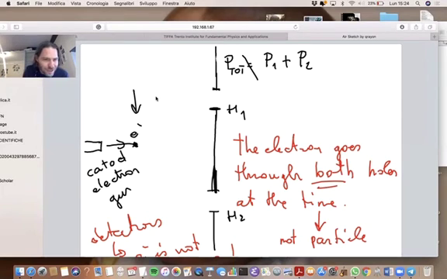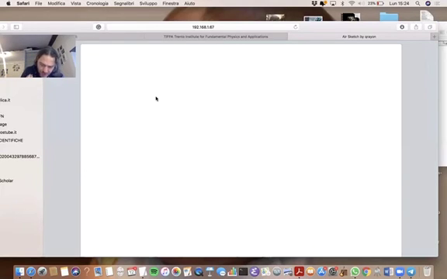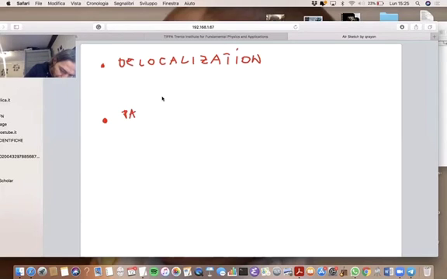This is the famous particle-wave duality you hear very much talked about when you refer to particles. And it's also this concept of delocalization. So the concepts that we've been dealing with today are summarized in two main words: delocalization and particle-wave duality.